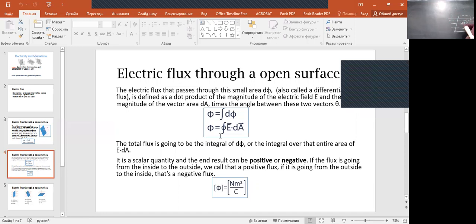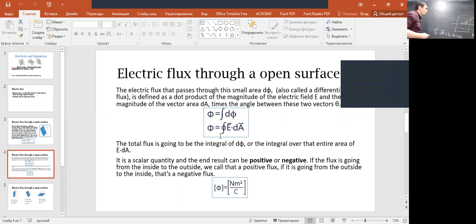So E vector multiplied by dA vector is equal to E multiplied by A multiplied by cosine of theta. So the total flux is equal to the integral of E A cosine of theta. This is the flux, okay?